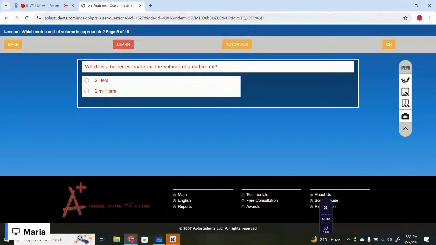Which is a better estimate for the volume of a coffee pot? A coffee pot would be 2 liters. Option number 1 is the correct option.